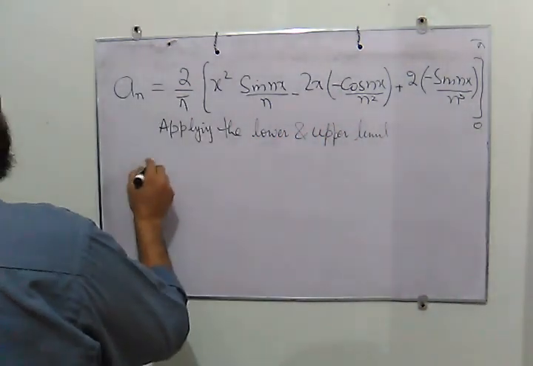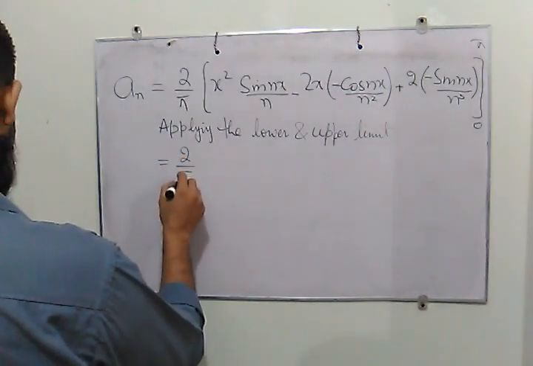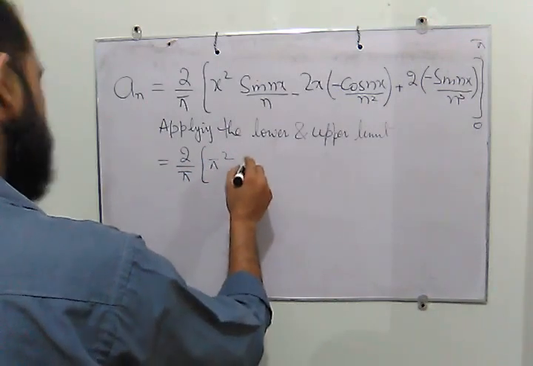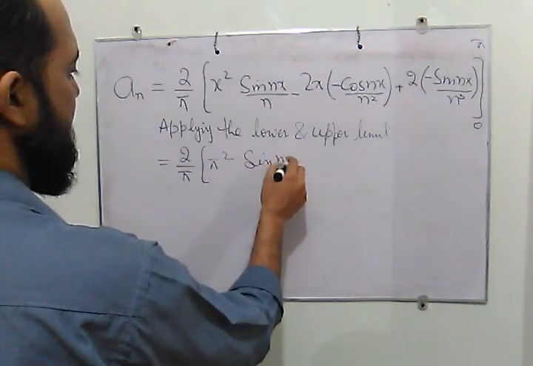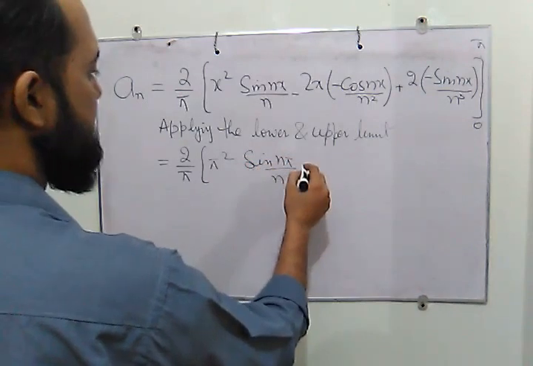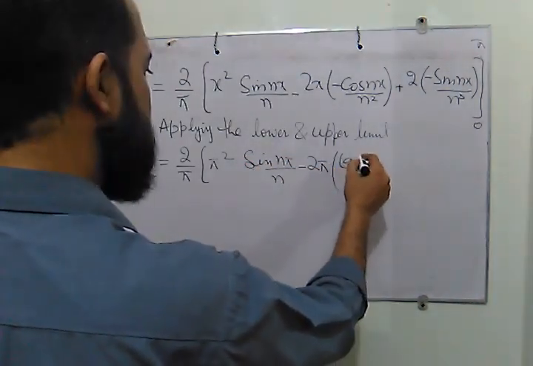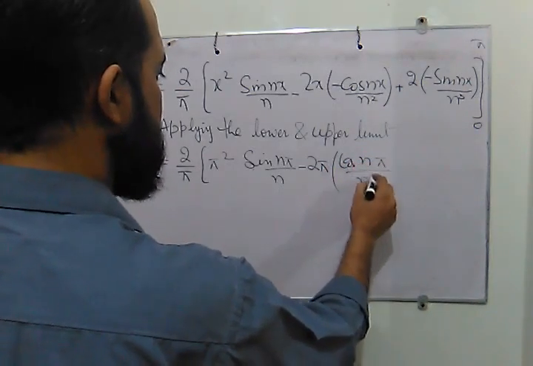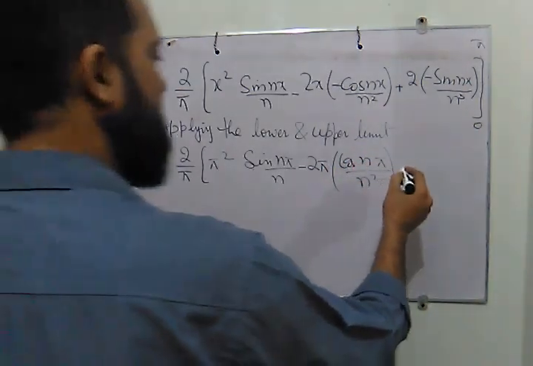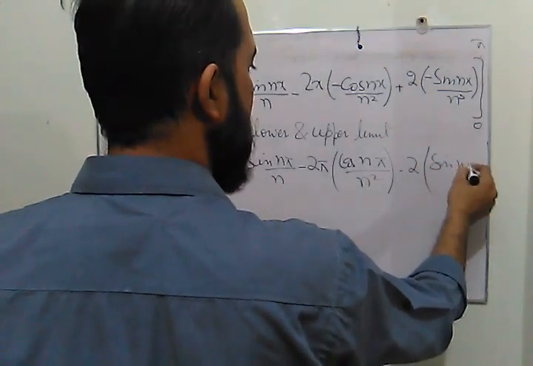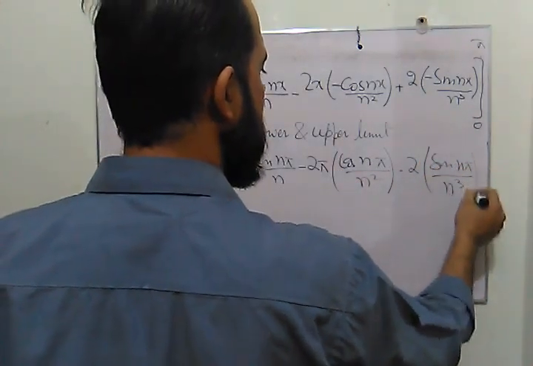And what we will get is 2 upon pi, pi square sin n pi upon n minus 2 pi cos n pi upon n square minus 2 sin n pi upon n cube.